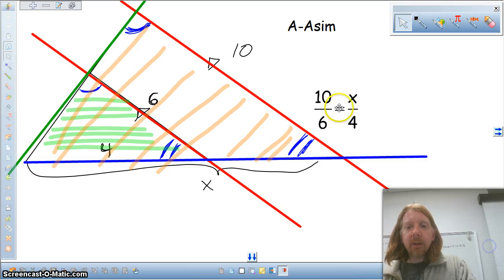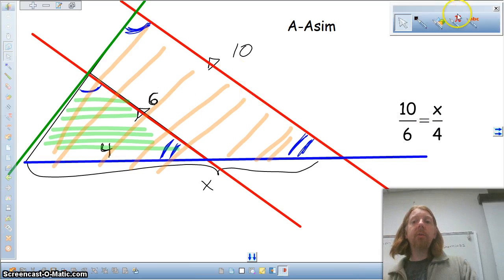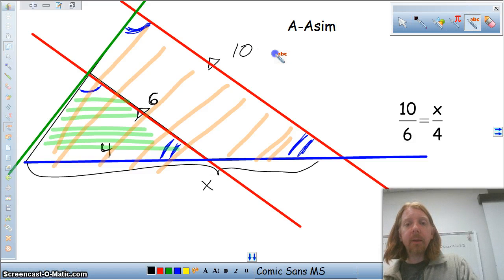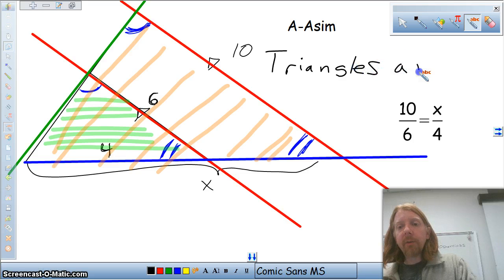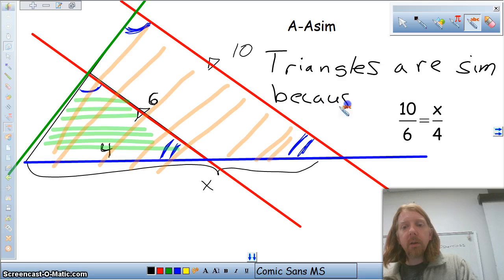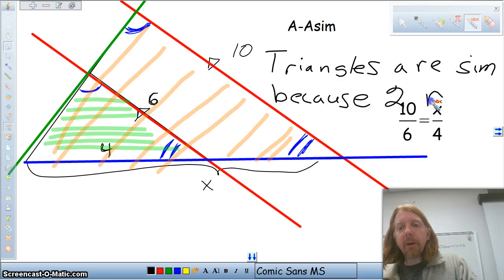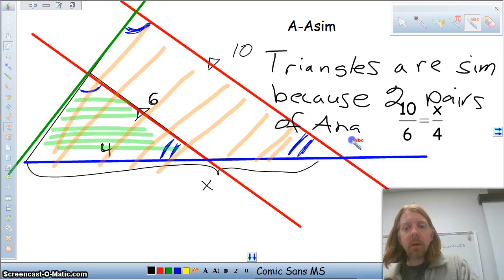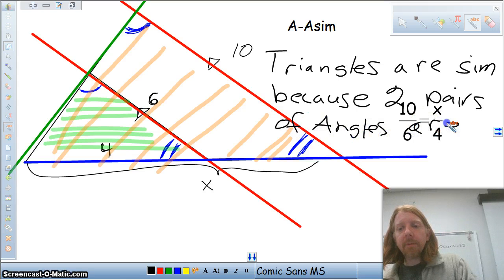That proportion comes from the fact that I've said these two triangles are similar. So triangles are similar because two pairs of angles are congruent.